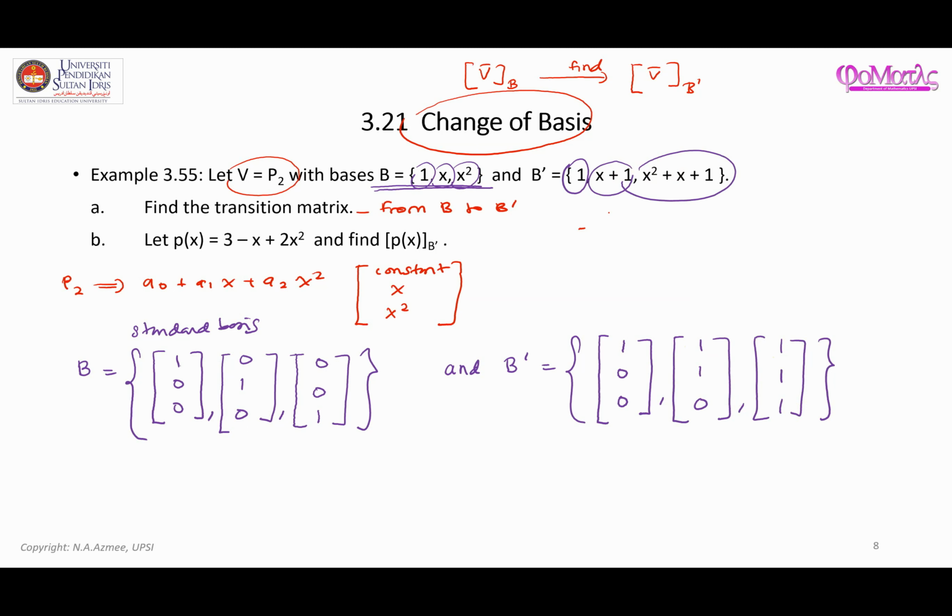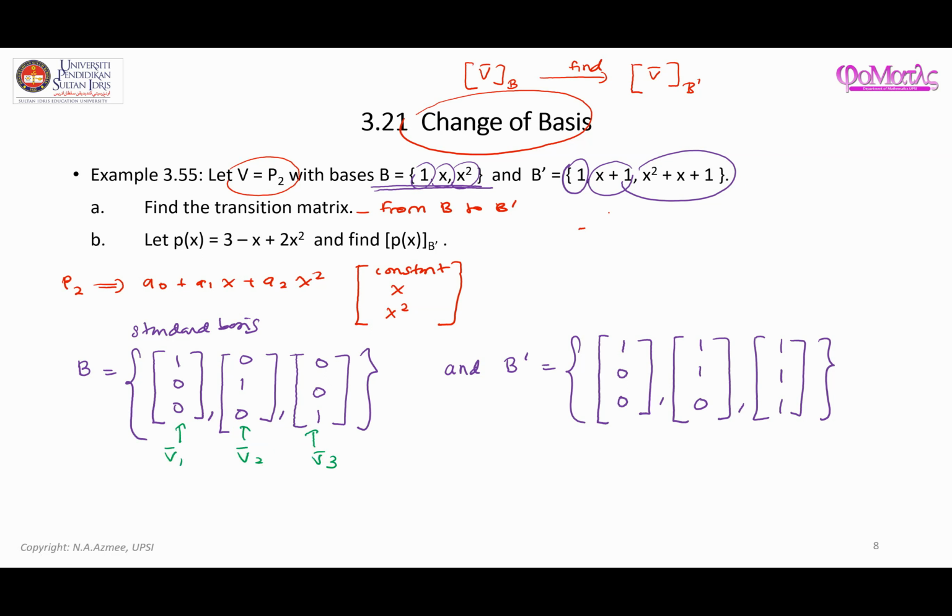In order to find the transition matrix, let me label everything so that it's easier for you to apply the formula and see what's going on. So here is vector 1, this is vector 2, and this is vector 3.